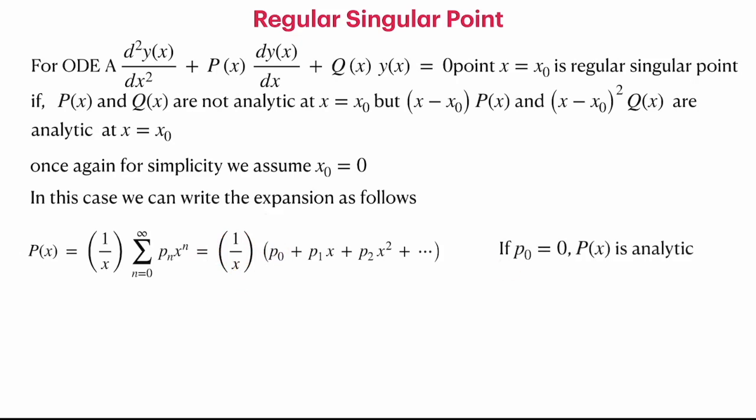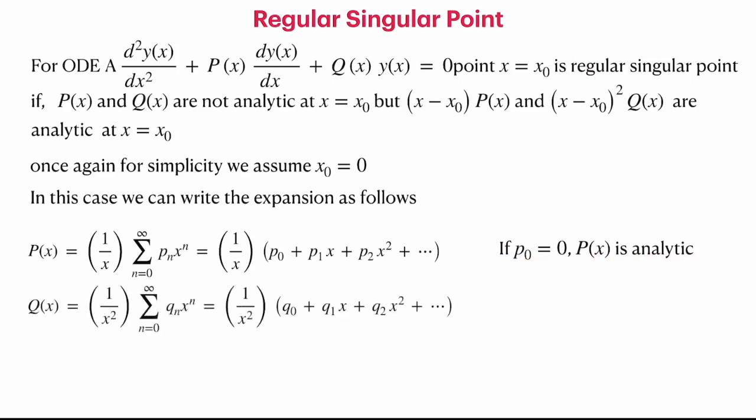Again, note that if p0 is 0, then the function p of x is analytic at x is equal to 0. Again, we can expand q of x as 1 by x square because we are allowed to have x minus x naught square into q of x to be analytic.